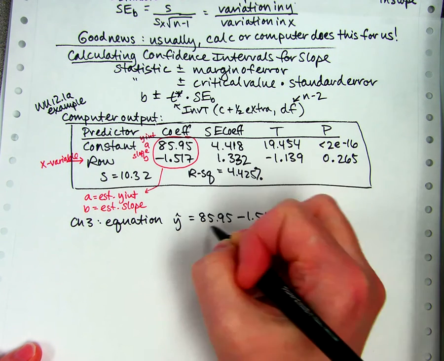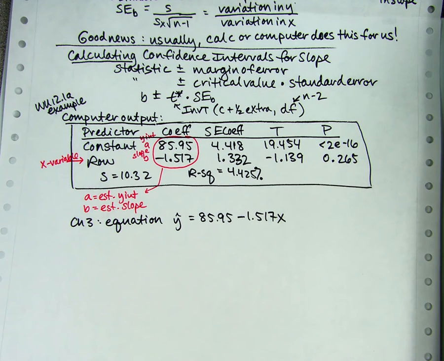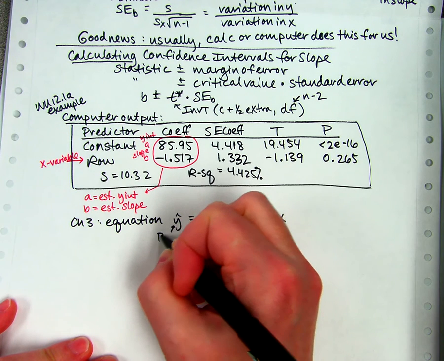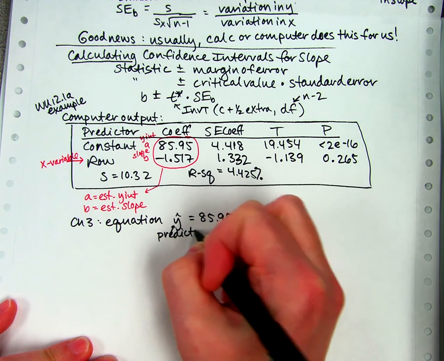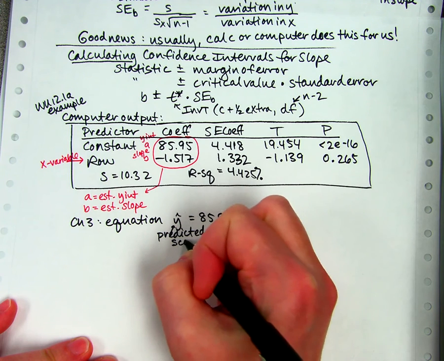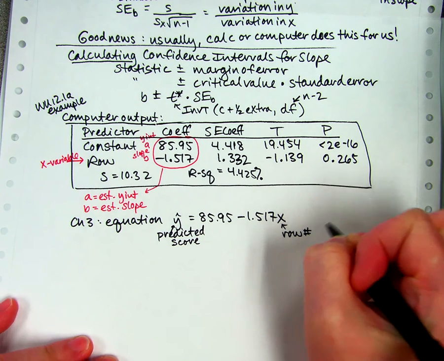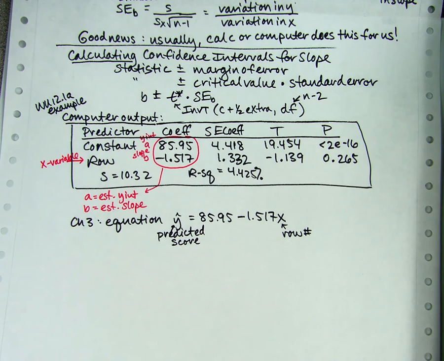This is the same equation we found in Desmos. Remember that y hat is the predicted score on the final exam, and x is the row number of the randomly assigned seats of these students. In case you forgot the context, that's what it is. So we learned that back in chapter 3. Yay, we already know that part.